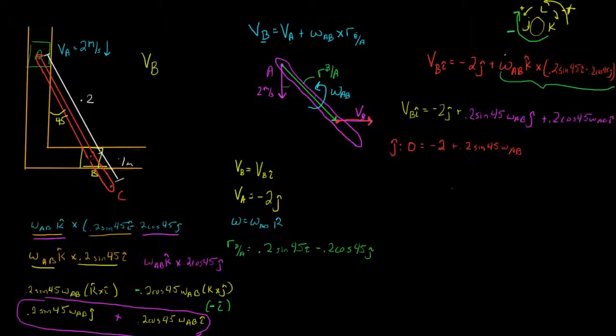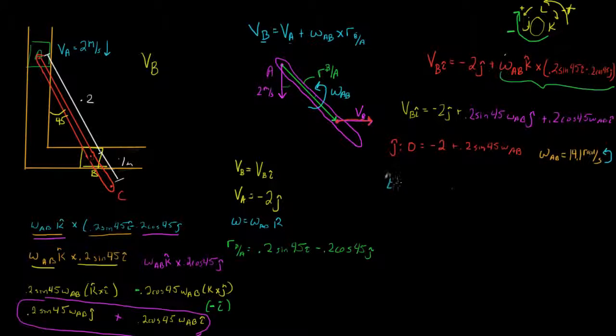And look at that, we can solve for omega AB. And our angular velocity of this bar AB is going to be equal to 14.1 radians per second. Now, it turns out our assumption was right because this is a positive 14.1, so it's moving in the counterclockwise direction.